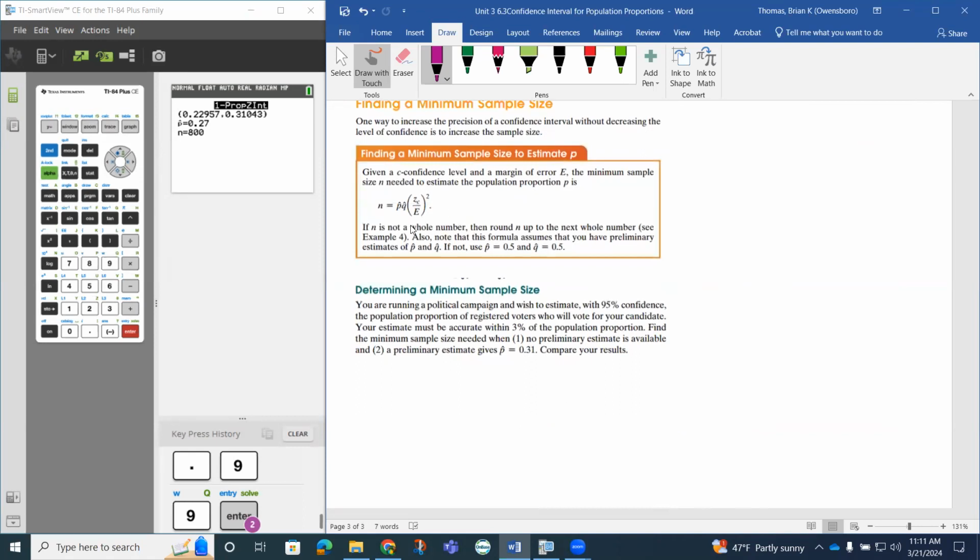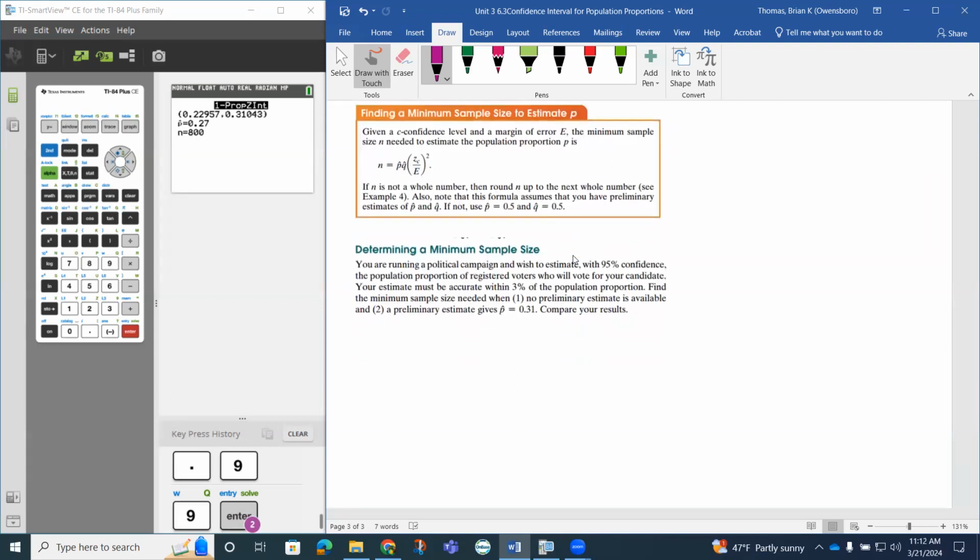If n is not a whole number, we round up to the next whole number. Also, there's a fine note here that says if you have no preliminary estimates of p hat and q hat, you're going to use p hat as 0.5 and q hat as 0.5. So 50%, 50% if we have no preliminary estimates. That'll help us create the minimal sample size.